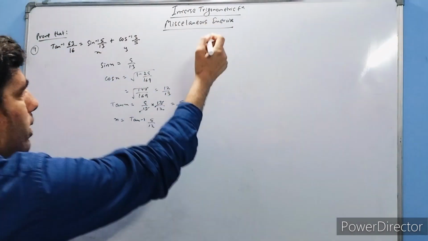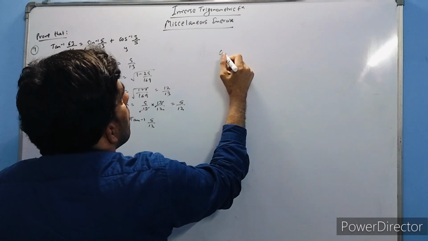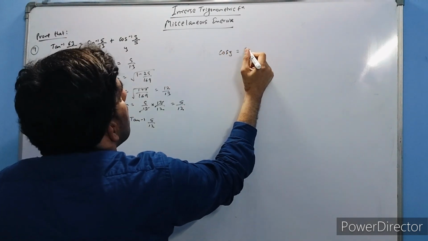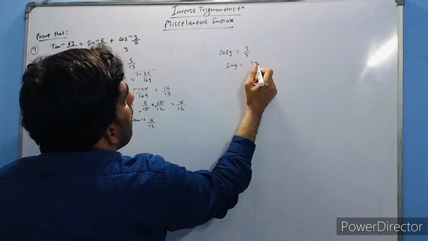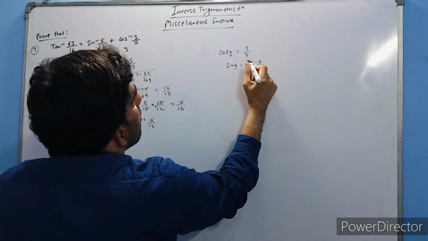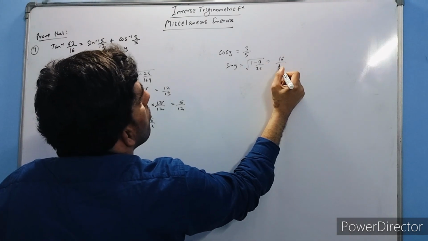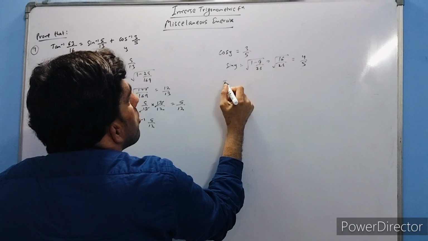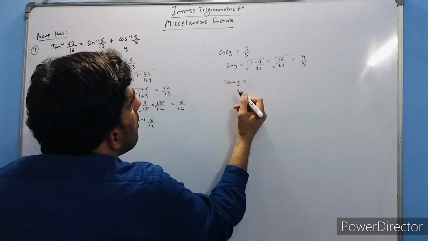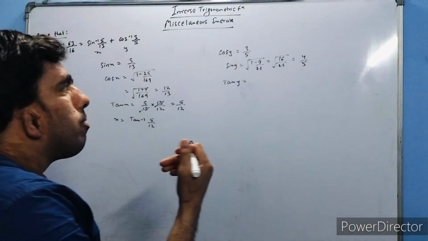Now let us try to find y here. So cos y will be 3 upon 5. So sin y will be root of 1 minus 9 upon 25. I got 16 upon 25. I got 4 upon 5. So now what will be tan y here? Sin y upon cos y.